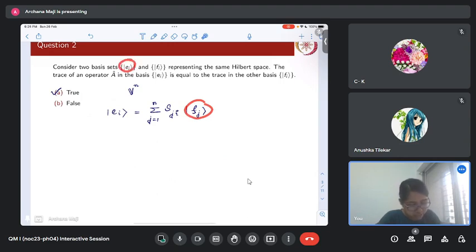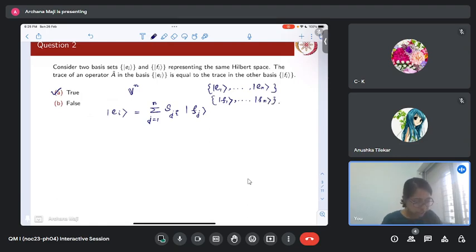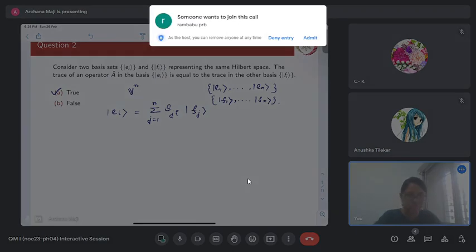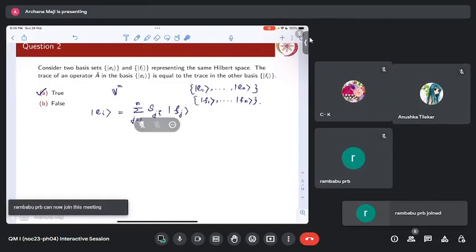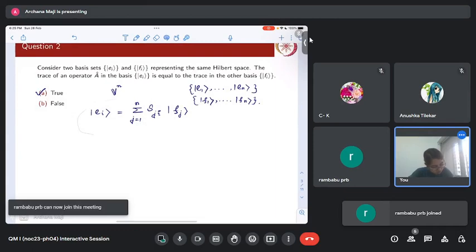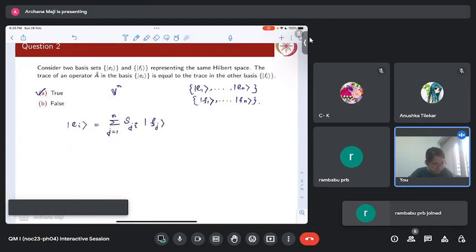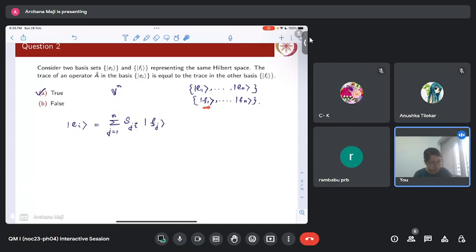So we have these basis sets, let's think of these as old basis sets and these are the new basis sets that we have, n number of, because the Hilbert space that we are considering is of dimension n. So we know that any state can be written as a linear superposition of the basis states.